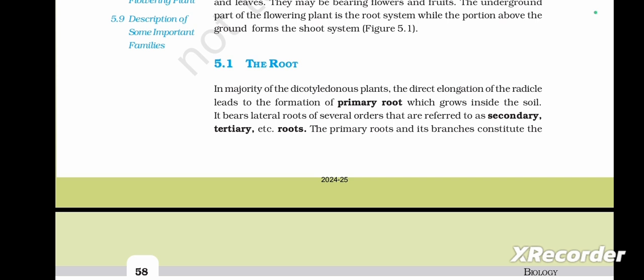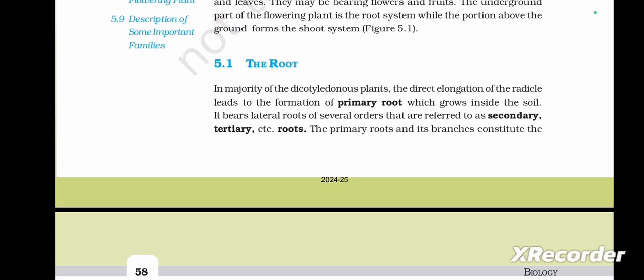In majority of the dicotyledonous plants, the direct elongation of the radicle leads to the formation of primary root, which grows inside the soil. It bears lateral roots of several orders that are referred to as secondary, tertiary, etc. roots.